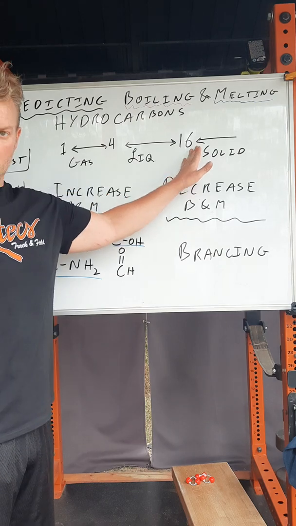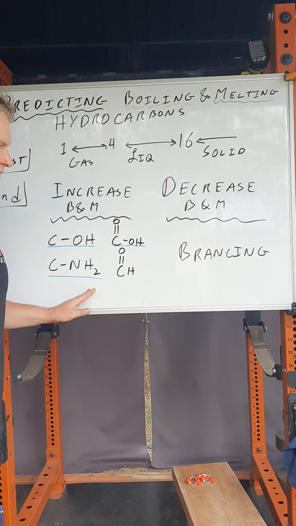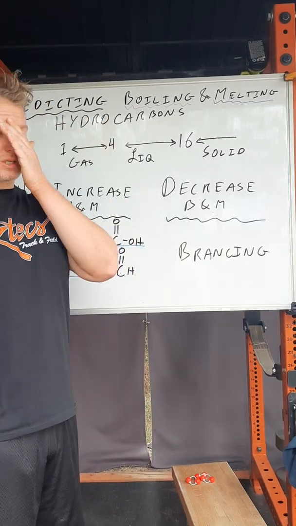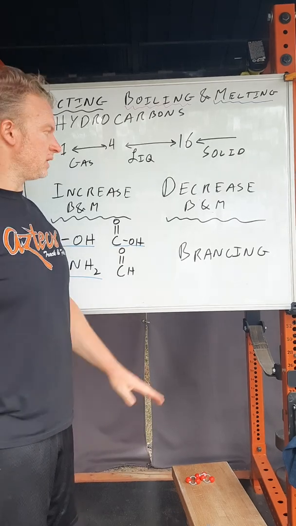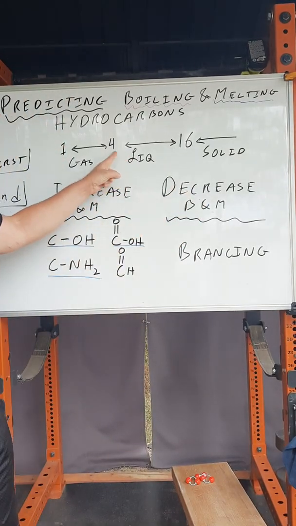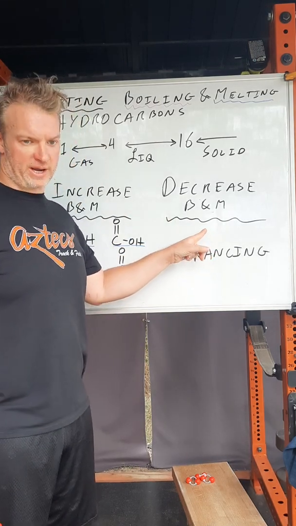The more carbons, the more functional groups, those things will increase the melting point and boiling point. Things that decrease the boiling point and melting point: short, light, small molecules, lots of branching.